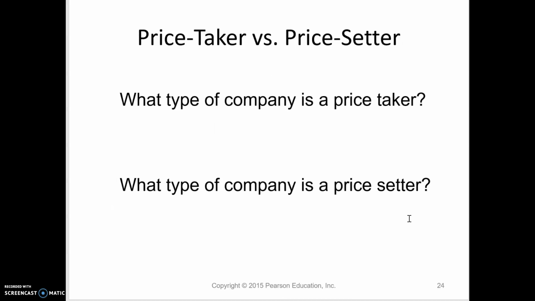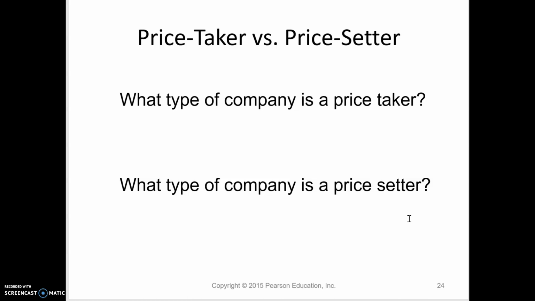So what type of company would be a price taker, right? You would have to accept the price that customers are willing to pay if you make a product that is just like other products that your competitors are making. So if you're in a highly competitive industry because it's the same product that everybody else is making, then you have to take the price that's set by the market.